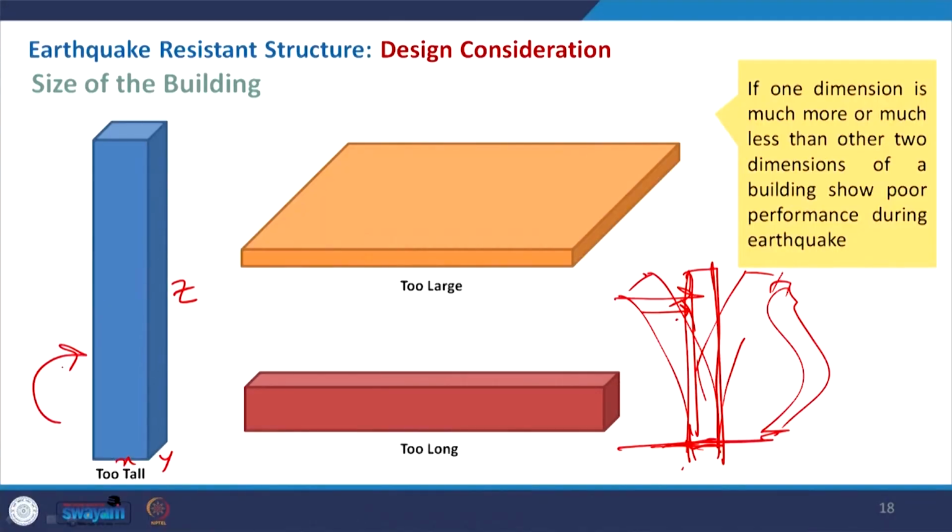Now, in case we make a flip, then it will be too long. Whenever a building is too long, here x, y and z, x is much more than y and z. In this case, because it is too long, whenever the wave is propagated, the motion over the area will have some difference, and then this will develop some kind of stress concentration and torsion effect.